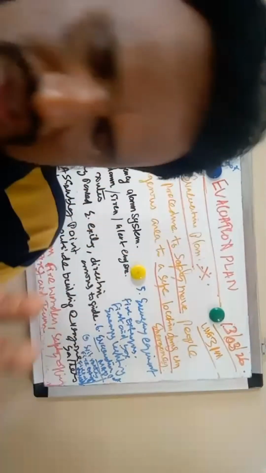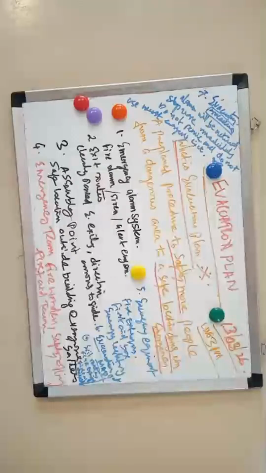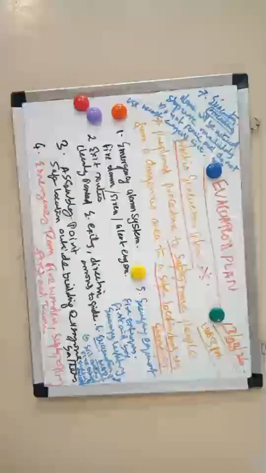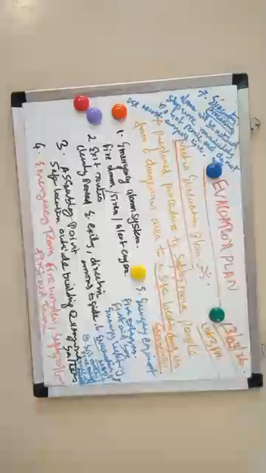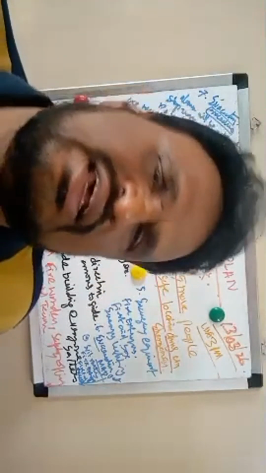Everyone must know the emergency evacuation plan. This emergency evacuation plan is a must to conduct regularly. The legal system and overall system itself says that you must have emergency evacuation procedures, evacuation drills and plans.